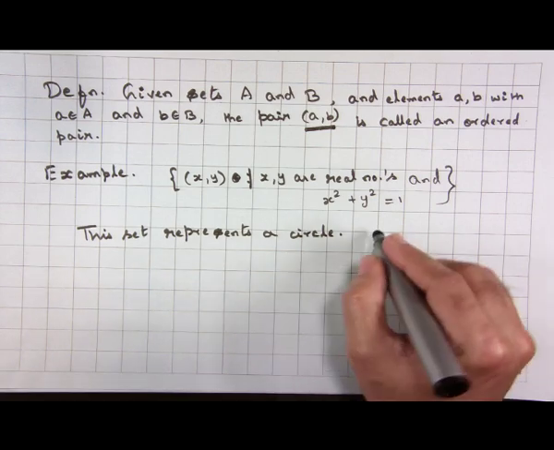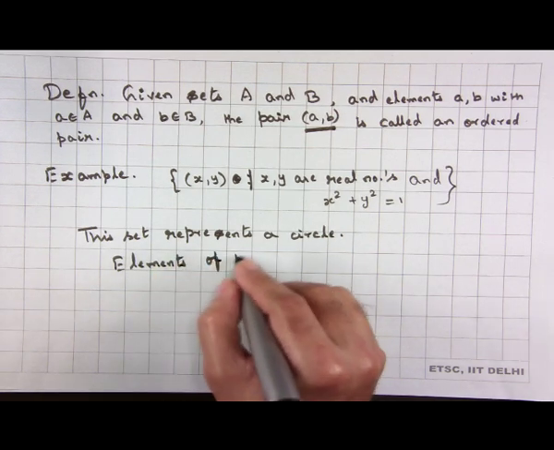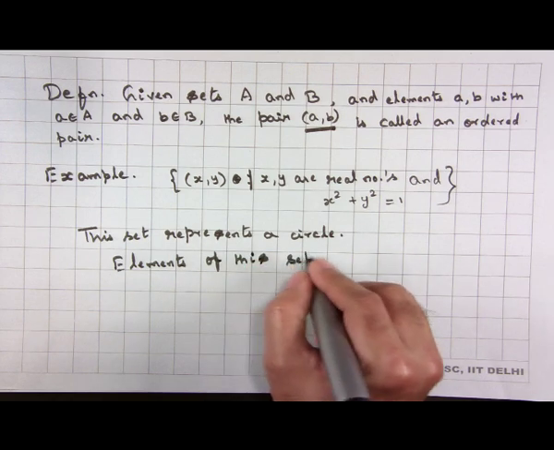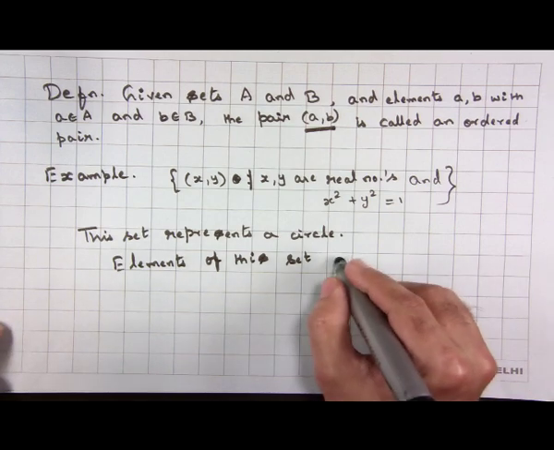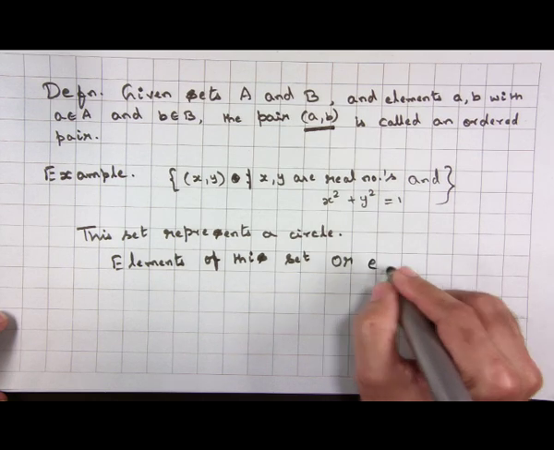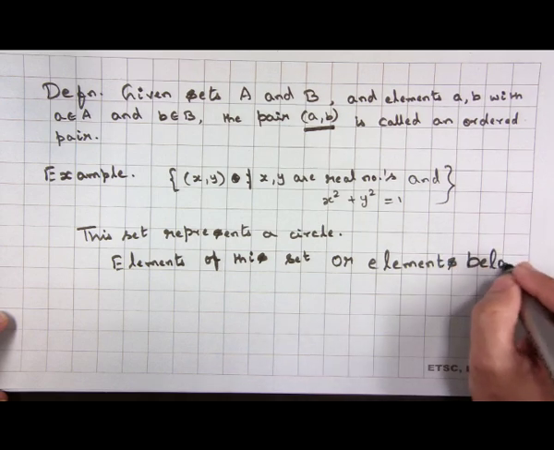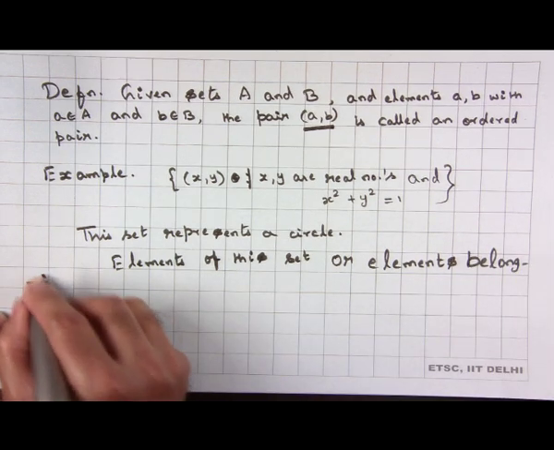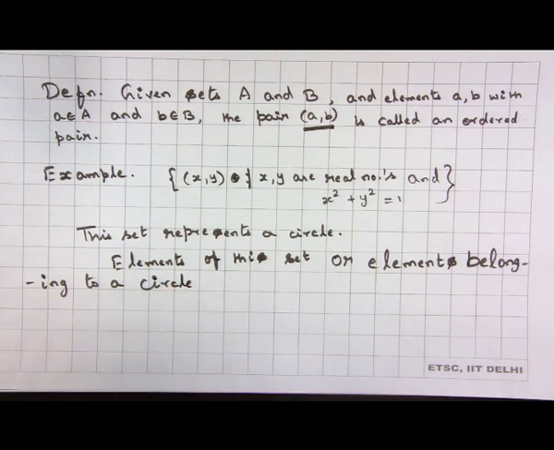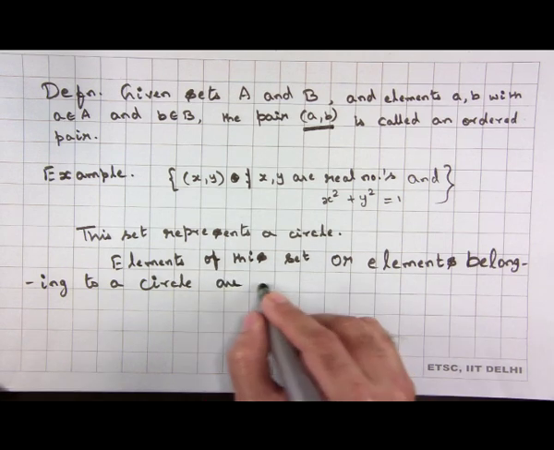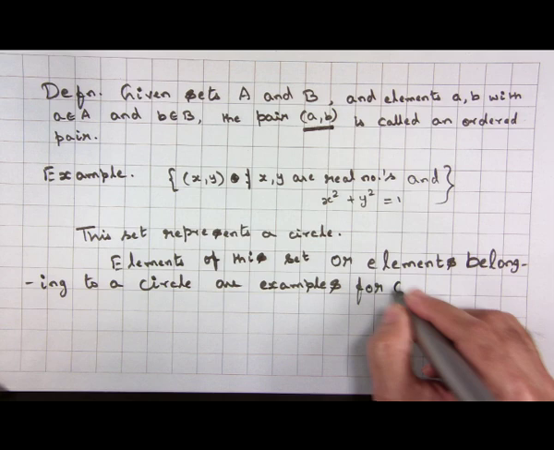So, elements of this set are elements belonging to a circle, or those points lying on the circle, are examples for ordered pairs.